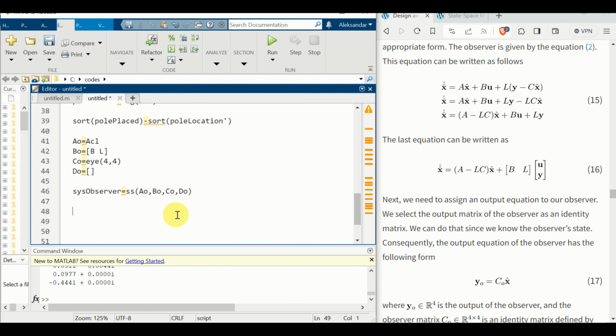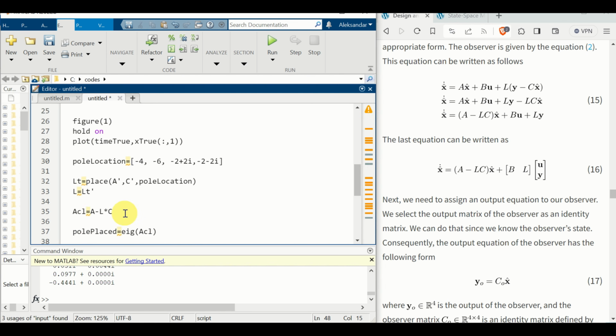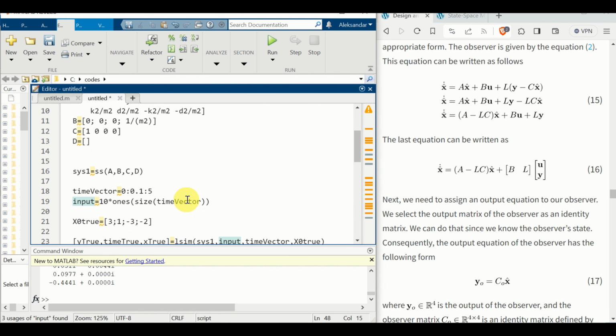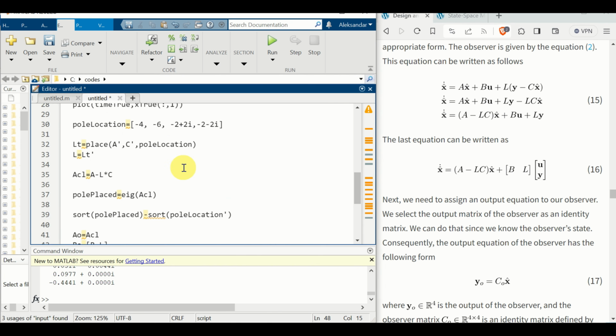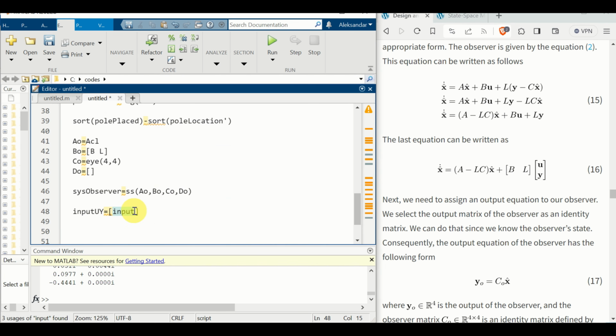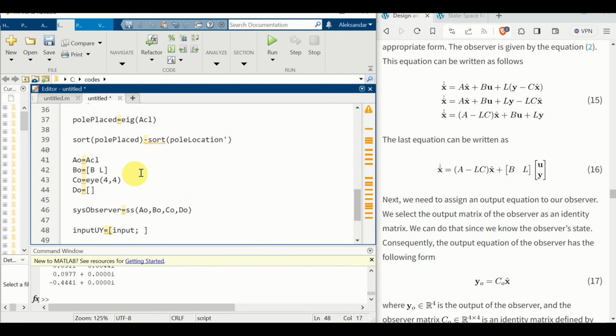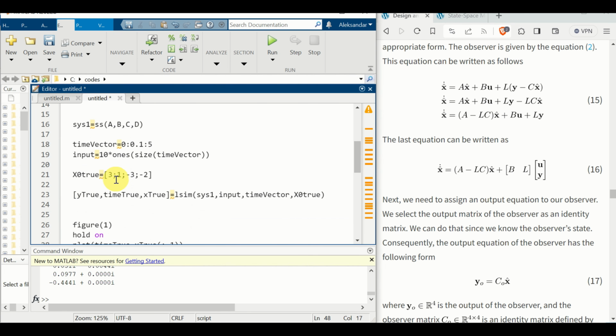To do that, let's define a new vector and let's call it input uy, and this input is equal to input, where the input is actually the true input, or better to say true control input of our system, and the output should actually be the simulated output of the system. The simulated output of the system is y true.